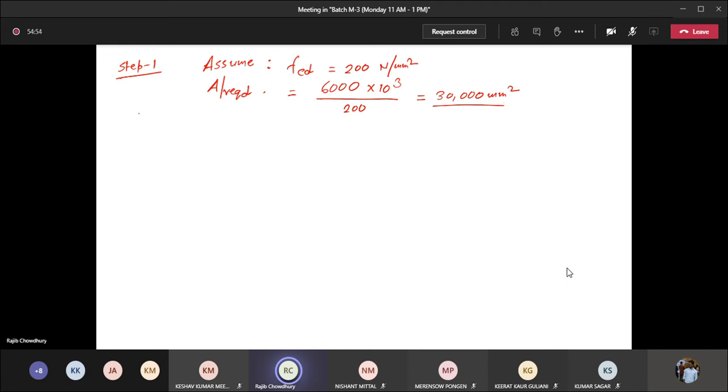Now this 30,000 mm square area is required. Now you have to use the steel table to select your section. So I have utilized ISHB 450 at 907, the running dead load per unit meter.